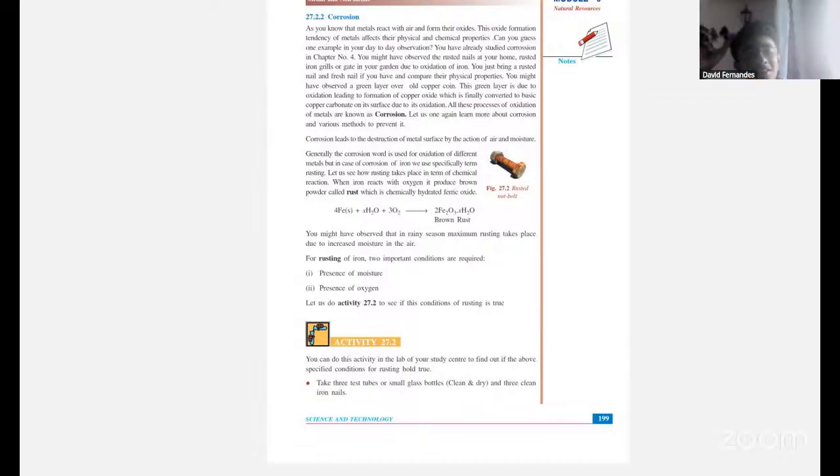So, can anything corrode aluminium? It can also be corroded, but it requires a little bit of condition. I can't hear you. Can you hear, sir?